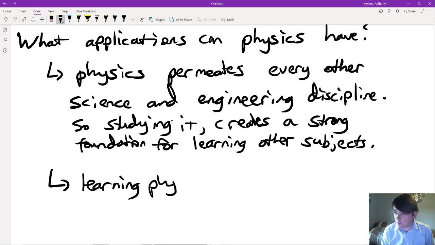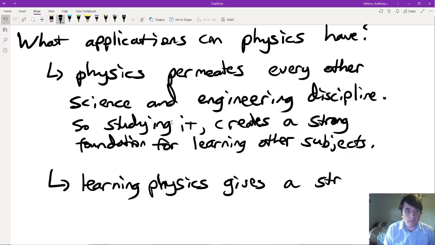So the main reason then, the other application this should have, aside from a strong foundation, is learning physics gives you a lot. Here, let's do it this way.